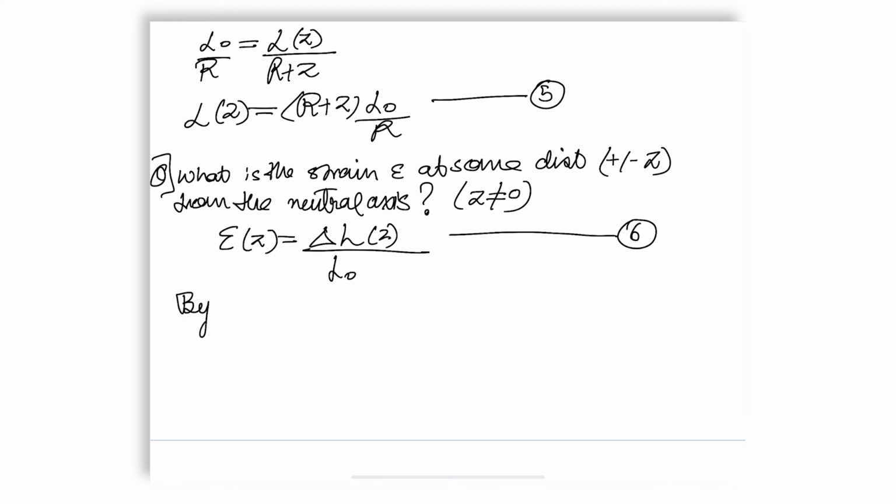By definition, we can say that delta LZ is equal to L of Z minus L naught.